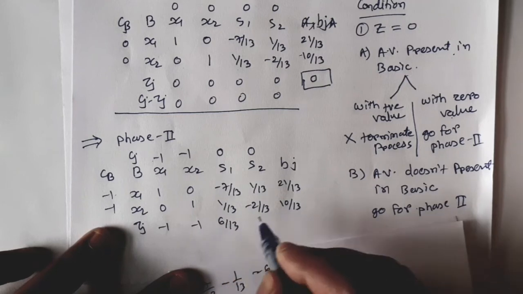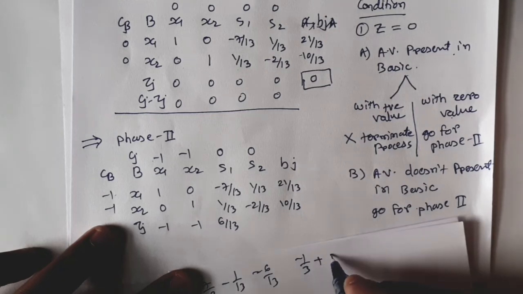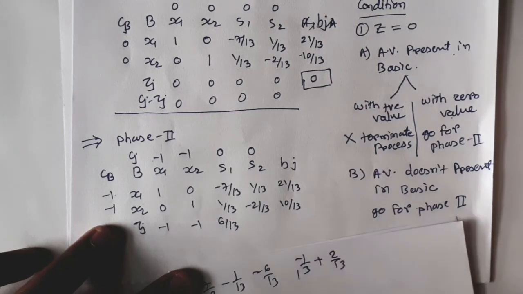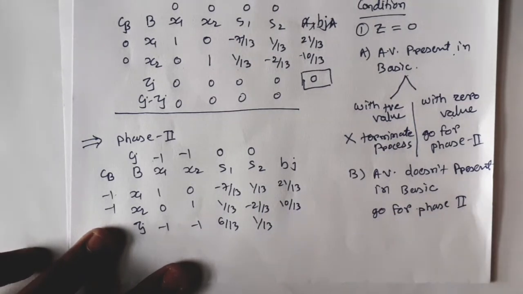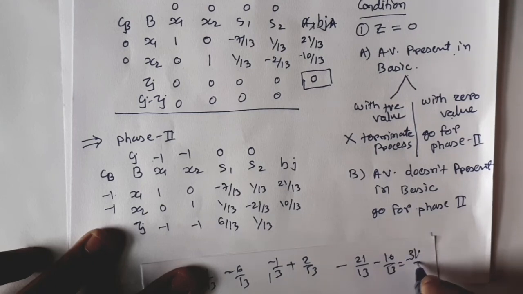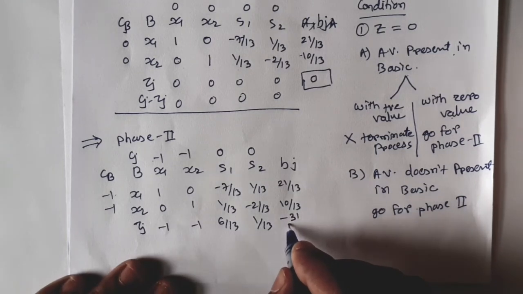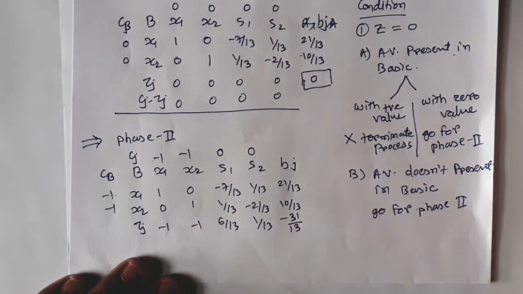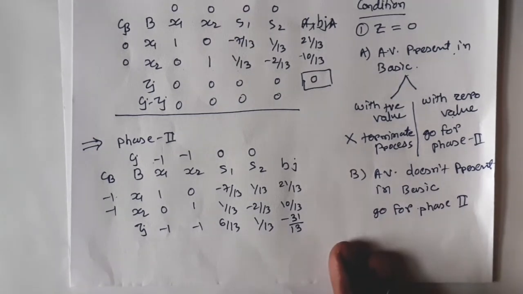Here, minus 1 by 13 plus 2 by 13, so it is plus 1 by 13. And lastly minus 21 by 13 minus 10 by 13, so it is minus 31 by 13, the value of z here.